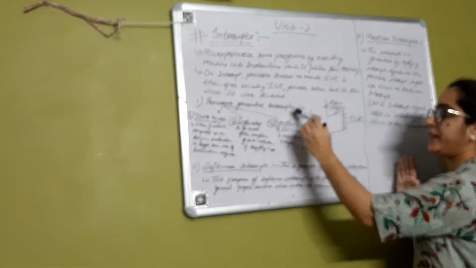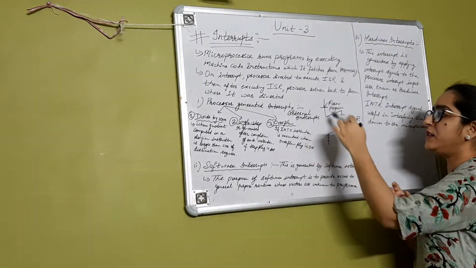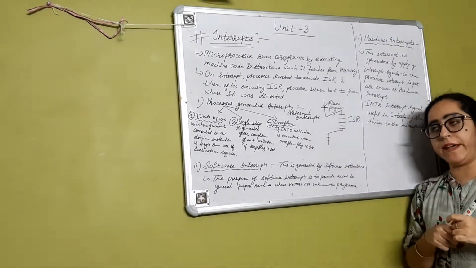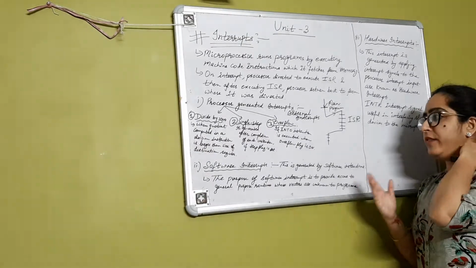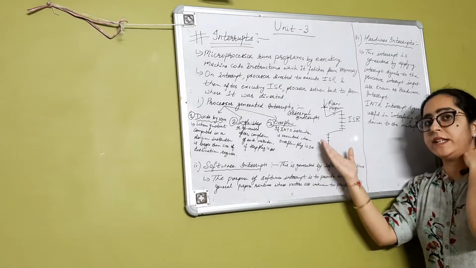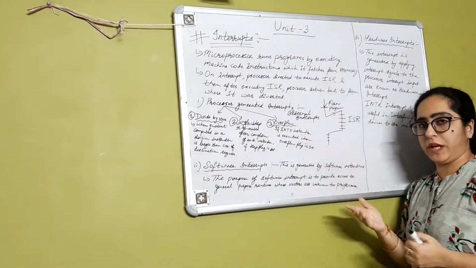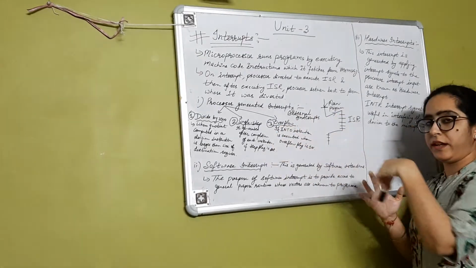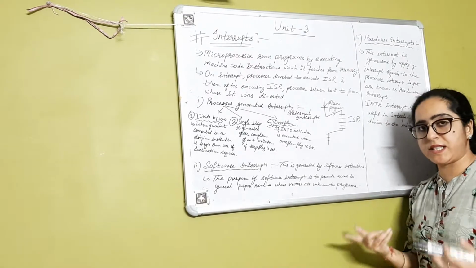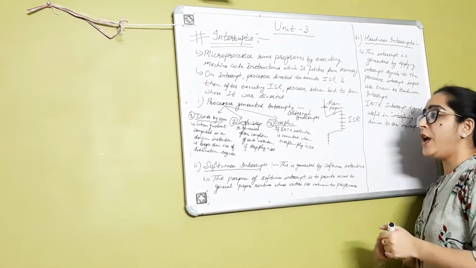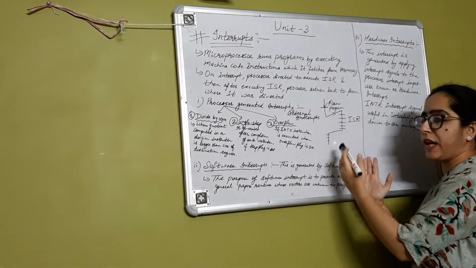So processor generated interrupts are the internal interrupts, and these internal interrupts are due to erroneous or invalid data or invalid operation performed in the program. They are generated by the processor itself, when a certain set of instructions or program is executed.